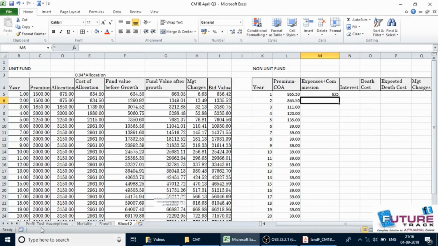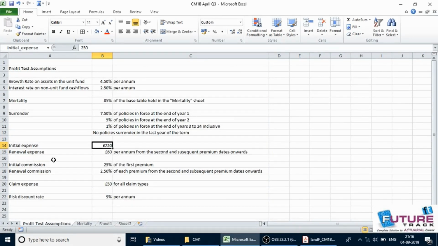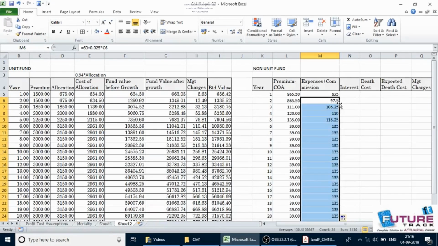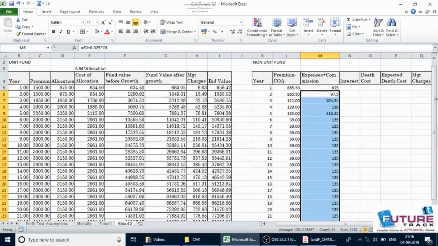For the second year, my renewal expense 60 per annum and subsequent, this is fixed, and 2.5% further. So 60 plus 0.025 of my premium amount, and it will go on like this only. So double click this. So all these are my expenses for the next 25 years.